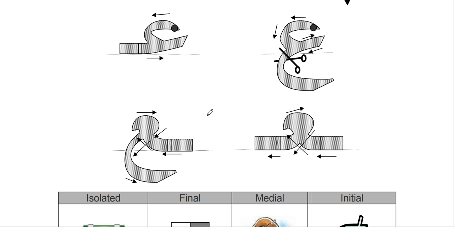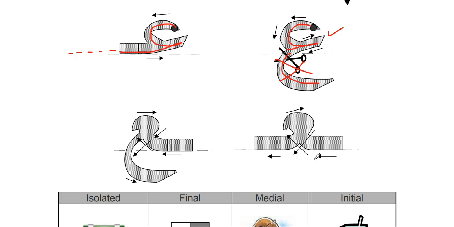So now let's move on to the writing skills. As you can see here, the lower part of ain is totally cancelled and the first part of the ain, or the top head of the ain, is taken into consideration and put on the line. So the head or the crown of the ain is written as starting and we leave a tail to join with the other letters here.